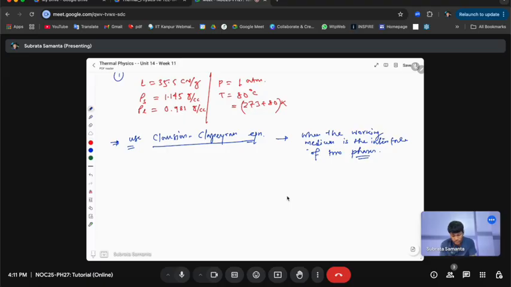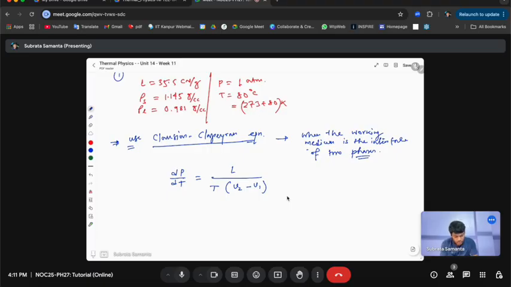The equation is dT over dP, or we can write dP over dT, the change in pressure over the change in temperature. So dP over dT is L, the latent heat, over T, the temperature, times V2 minus V1. These V2 and V1 are basically volumes, the specific volume for 1 gram mole, which is 1 over density.